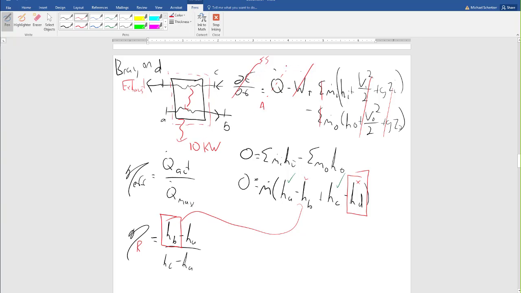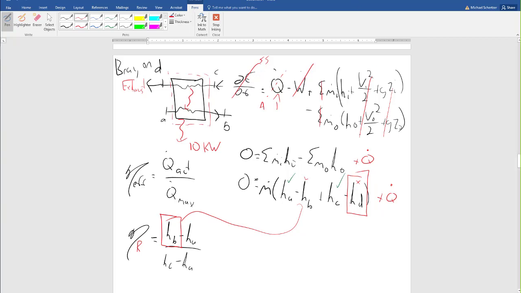But if there's some heat loss from this system, then you'd put a number in here, and your Q dot term would have the same sign as the h in terms. So this would be plus Q dot here, and this would be plus Q dot. So then you'd get a slightly different answer for hD.